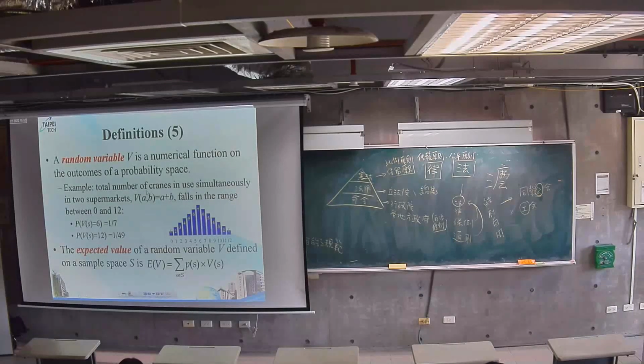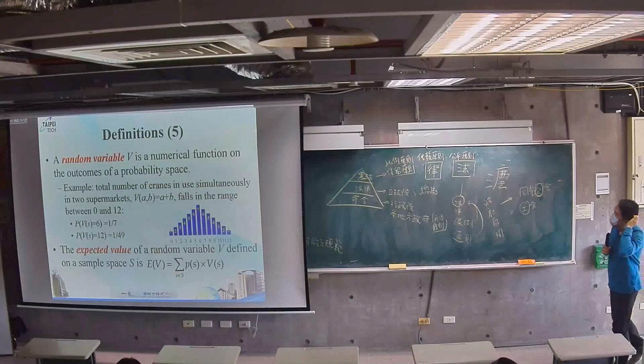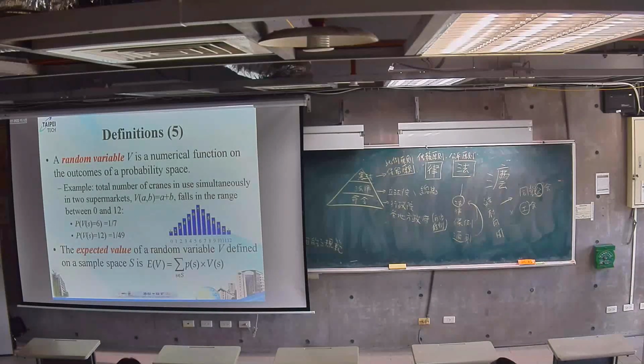For example, this would define a random variable: the total number of crayons in use simultaneously in these 2 supermarkets. So we may have some association on this kind of description. We consider the number of crayons in use simultaneously for these 2 supermarkets, so we just count the number of crayons in use based on all the possible outcomes.